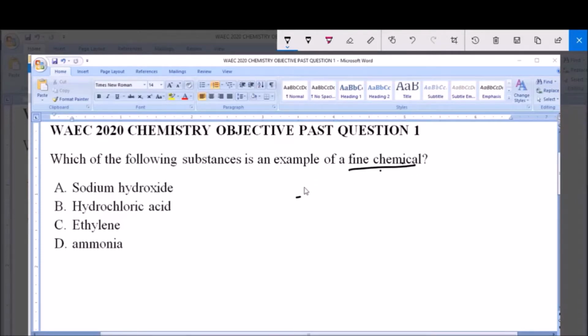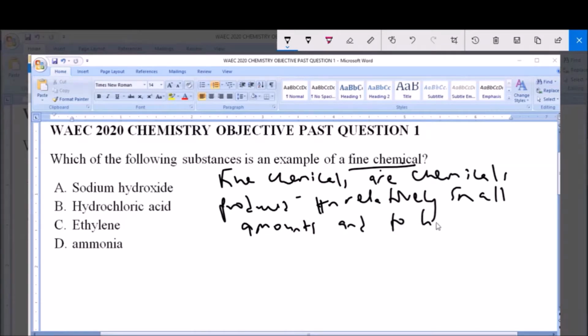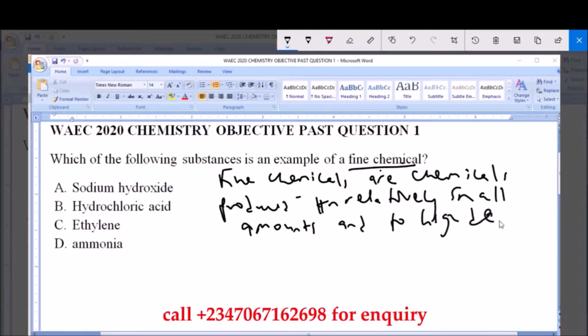Fine chemicals are chemicals produced in relatively small amounts and to a high degree of purity.